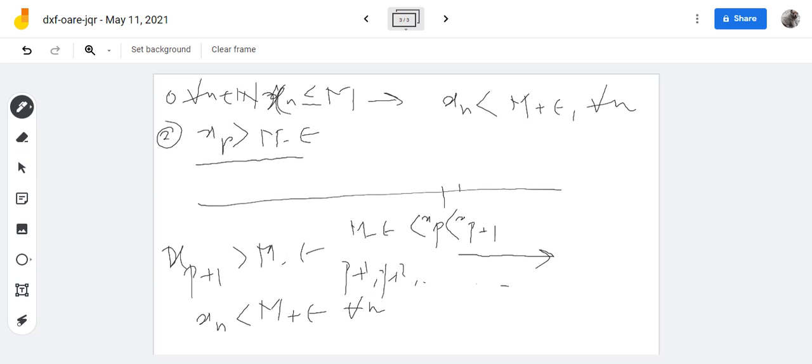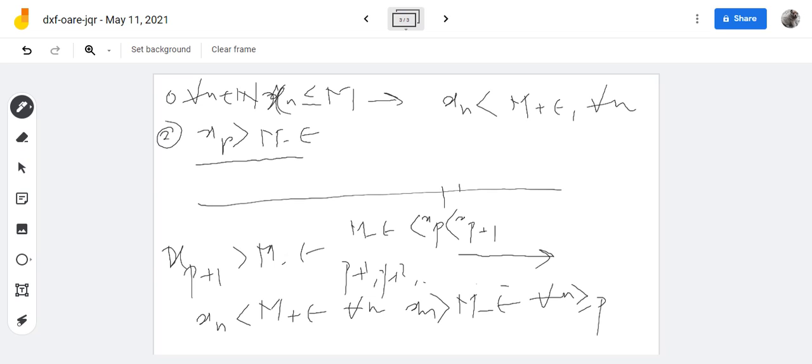Okay, and another one: xn greater than M minus epsilon for all n greater than or equal to p.